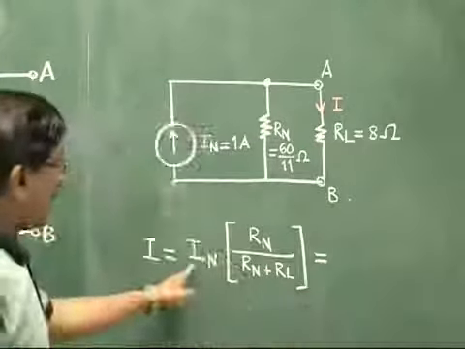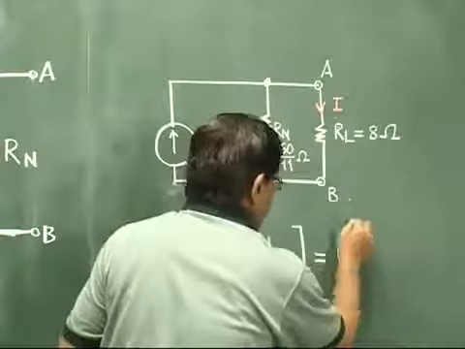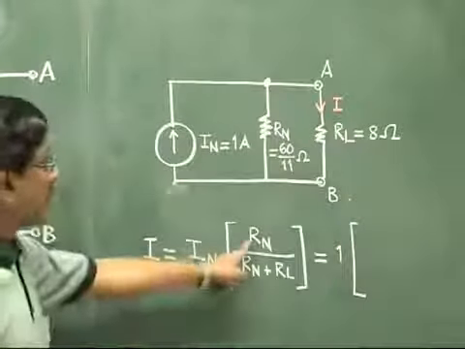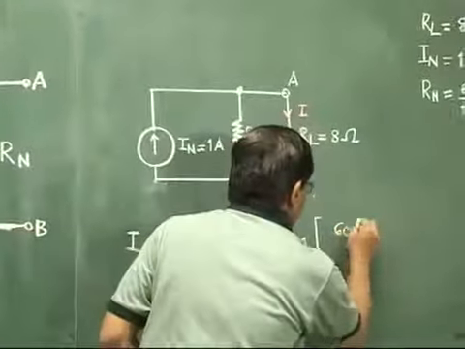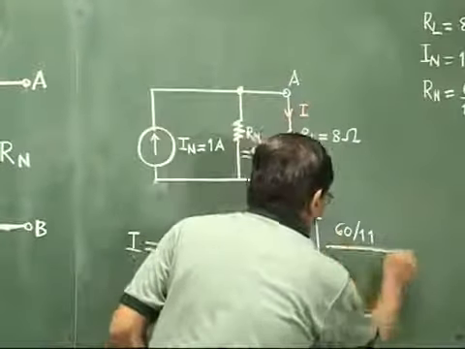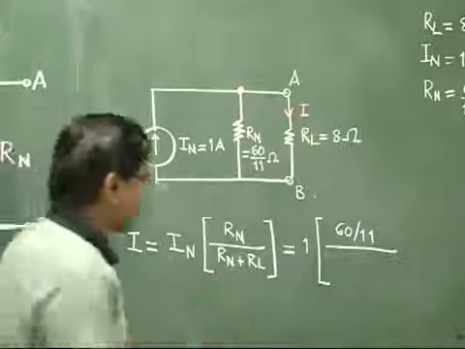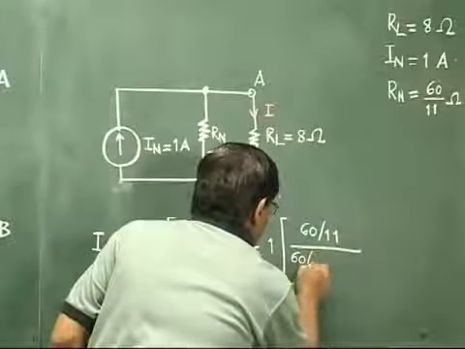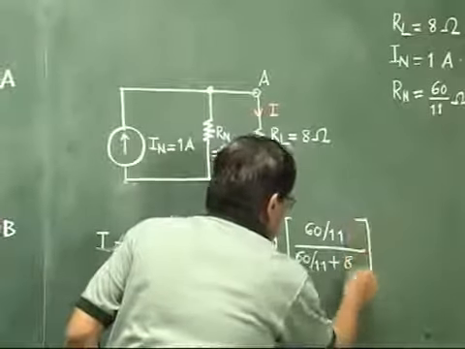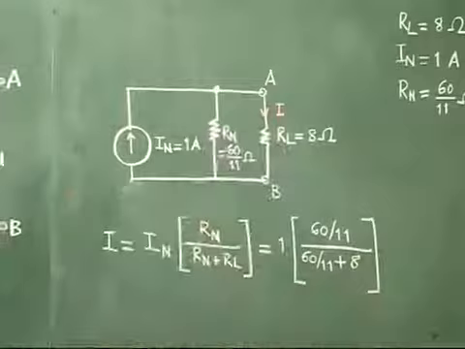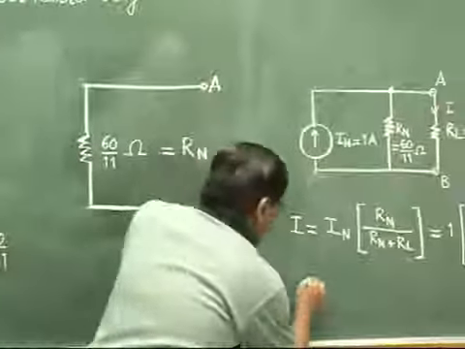Putting the values, IN is 1, in bracket, in the numerator Rn is 60 by 11, in the denominator the sum of the two, Rn is 60 by 11 plus RL is 8. So this you have to calculate. Okay, so we will just calculate that value.